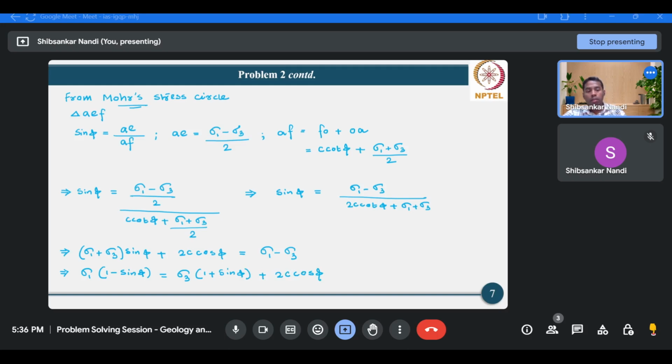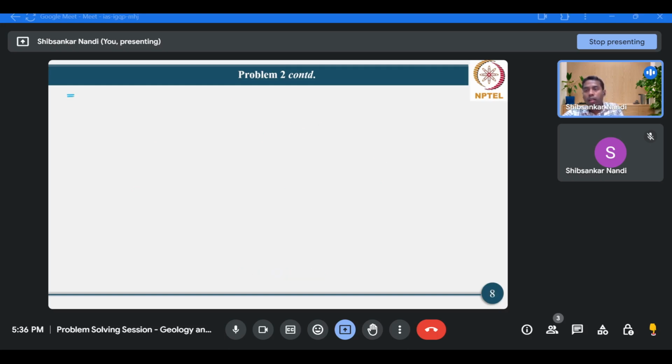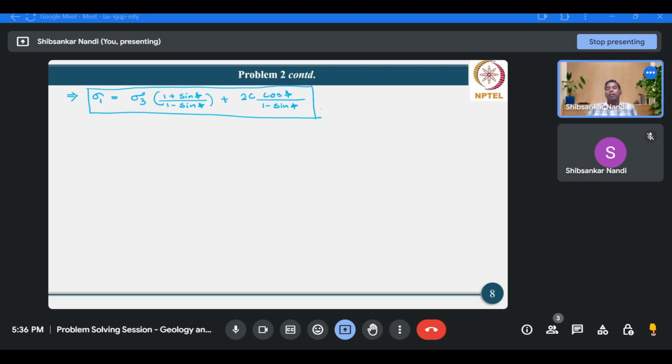So from here we can write sigma 1 as sigma 3 times 1 plus sin phi by 1 minus sin phi, plus 2C cos phi by 1 minus sin phi. This is the relationship between sigma 1 and sigma 3 at the state of failure.